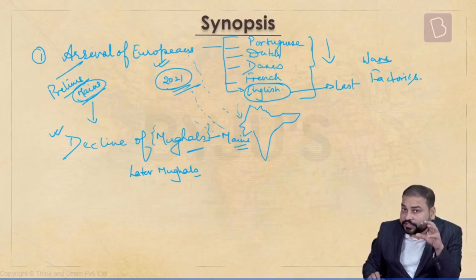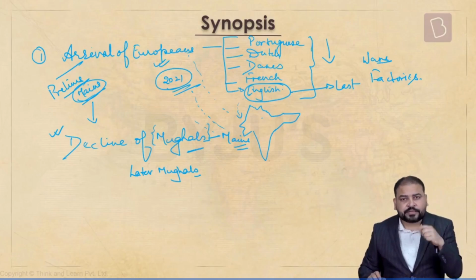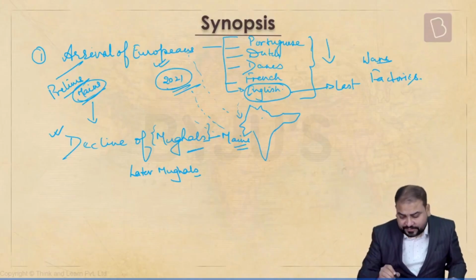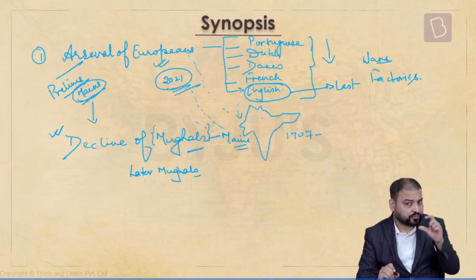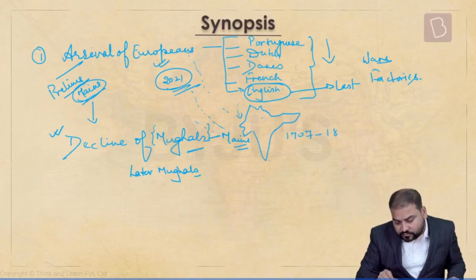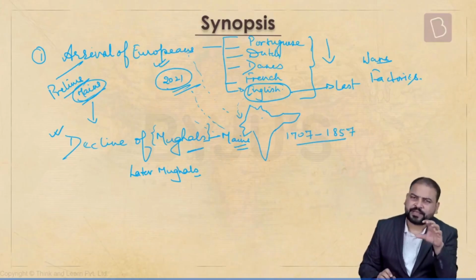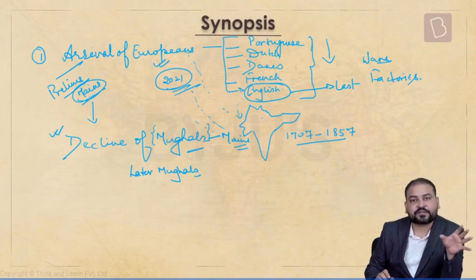So we need to understand those reasons. This decline was a process which began from the time of the death of Aurangzeb, though Aurangzeb is also liable here, and it continued till here. By 1857, the mighty Mughal Empire was only having its skeletons, nothing else.